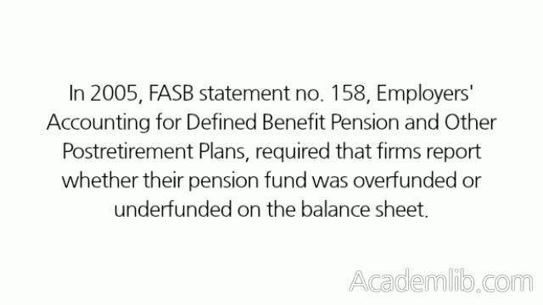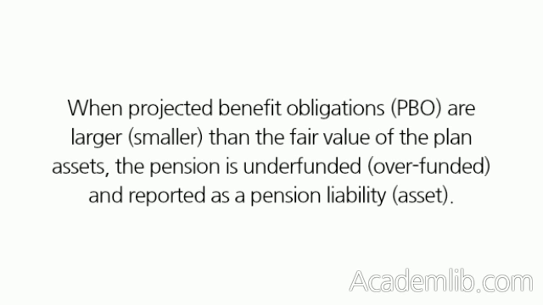In 2005, FASB Statement Number 158, Employers' Accounting for Defined Benefit Pension and Other Post-Retirement Plans, required that firms report whether their pension fund was overfunded or underfunded on the balance sheet. When projected benefit obligations, PBO, are larger, smaller, than the fair value of the plan assets, the pension is underfunded, overfunded, and reported as a pension liability, asset.